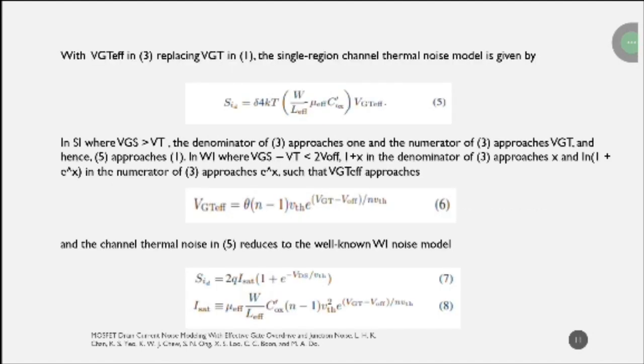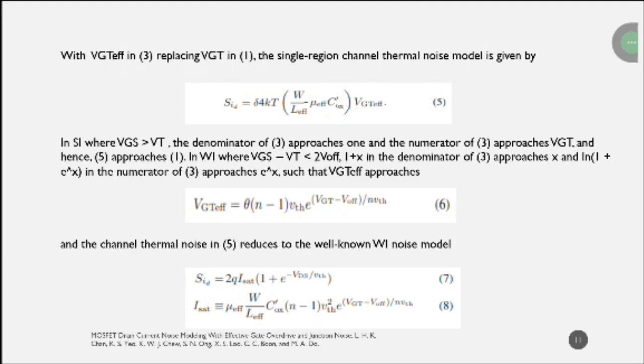So replacing VGT effective in equation 3 with VGT, in the single region the channel thermal noise will be given by SID is equal to 4 into delta of kT, bracket of W by L effective, which is the aspect ratio, into mu effective Cox dash, which is the channel's oxide capacitance, into VGT effective.